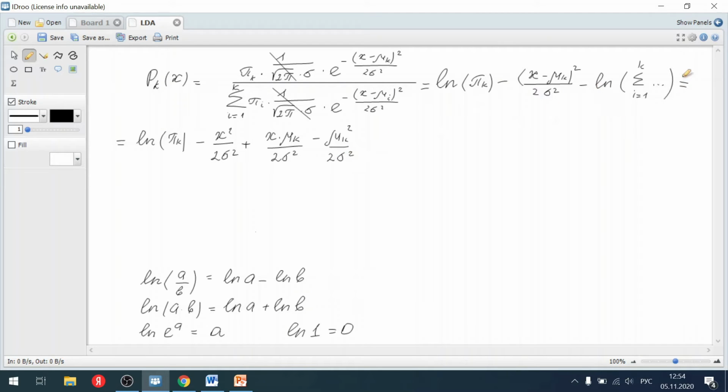And again, the last expression, minus the logarithm of the denominator.